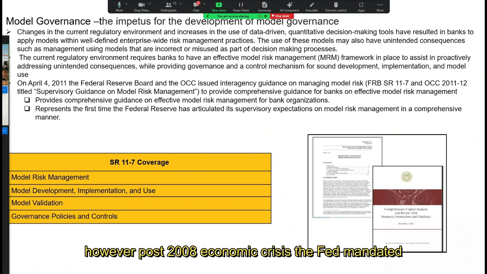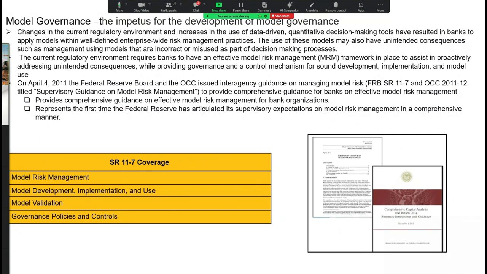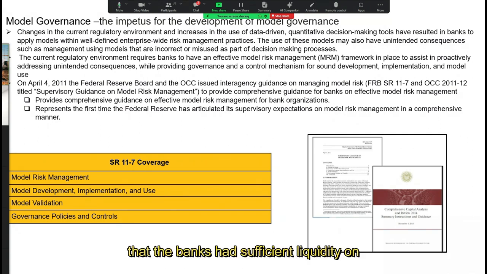However, post-2008 economic crisis, the Fed mandated financial institutions to undergo what's known as capital stress testing to ensure that the banks had sufficient liquidity on hand to weather financial crisis events.